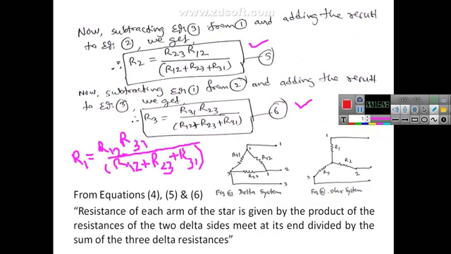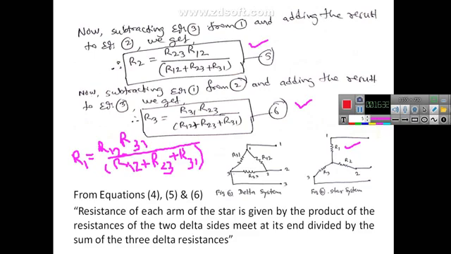So what is R1? R1 is nothing but R12 into R31. This R1 is in the terminal 1 of the star connected system. In the delta connected system, to the terminal 1, these two resistors are connected and terminated at node 1.